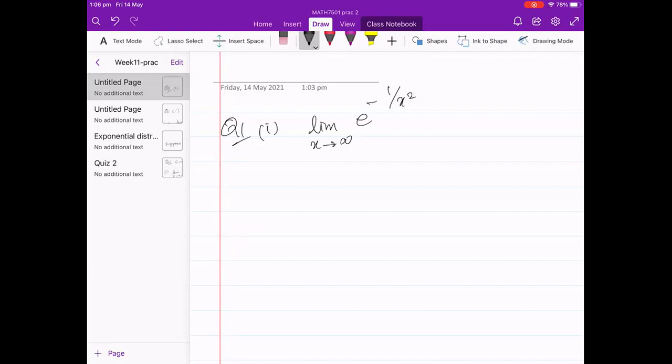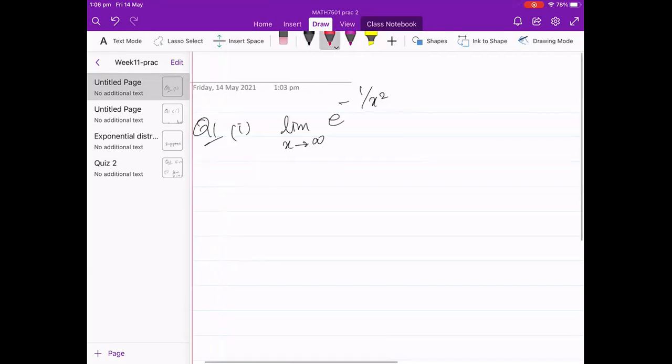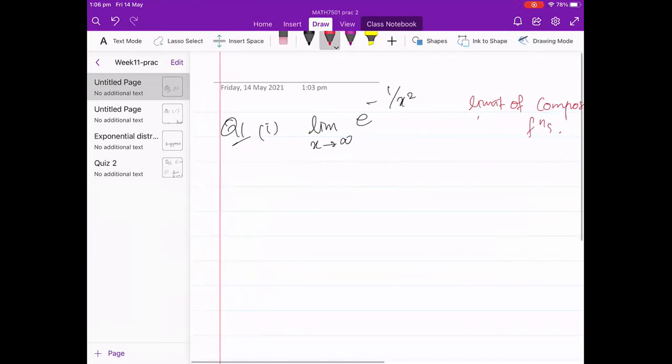This is not a series. This is a function. Remember, we did discuss limits of composite functions. So you're going to use that method.